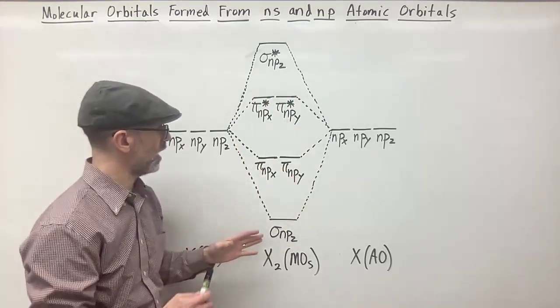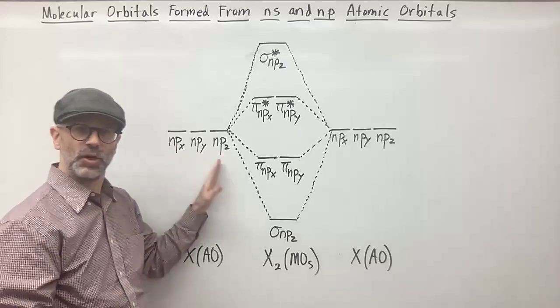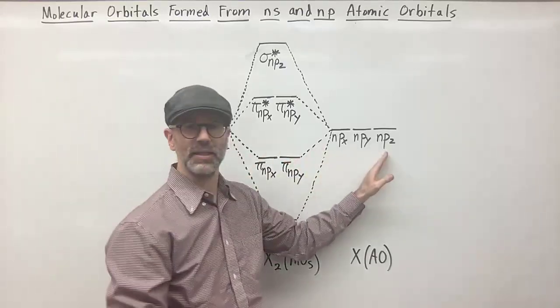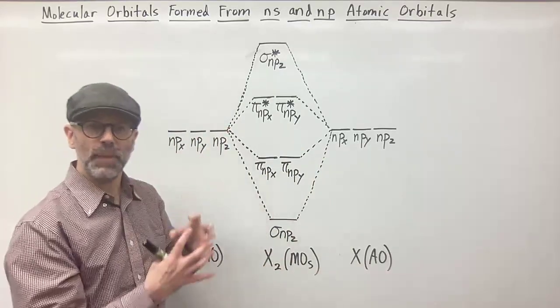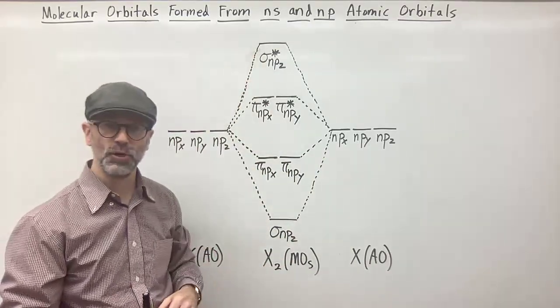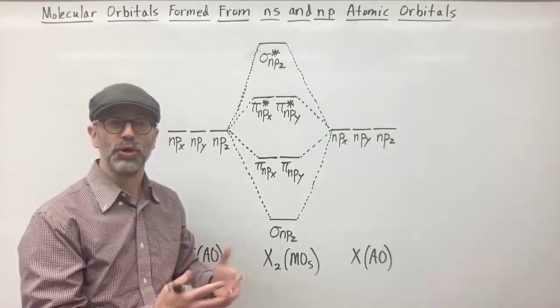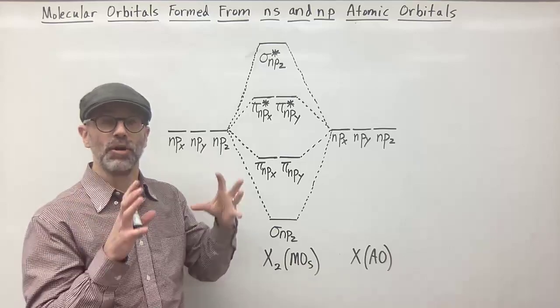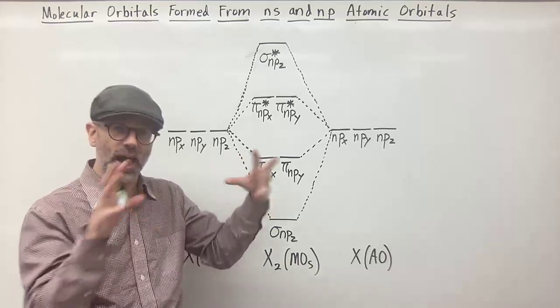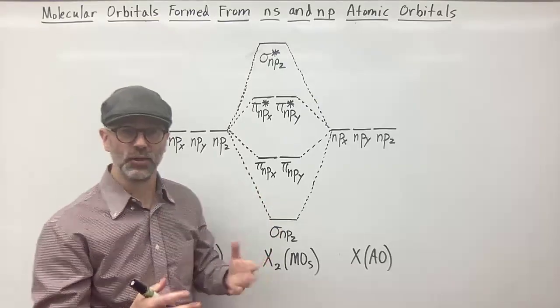So you can see that we got three atomic orbitals on this side. We have three on this side. That's a total of six. They combine together for a total of 6 molecular orbitals. Again, you get out what you put in. So whatever number of atomic orbitals you're adding together, you should get out the same number of molecular orbitals.